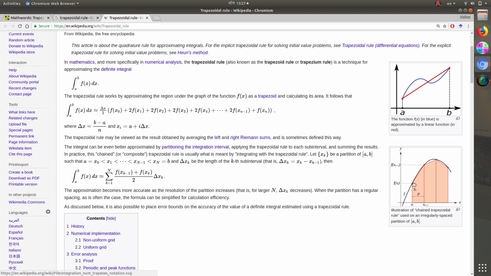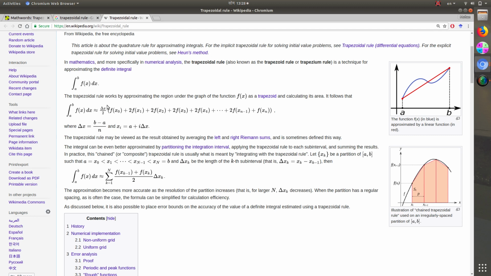We simply assume this function to be linear within this interval, so this is linear and this forms a trapezoid. Finding the area of all the trapezoids and summing those, we get the answer of the integration. From this mechanism this formula can be obtained.